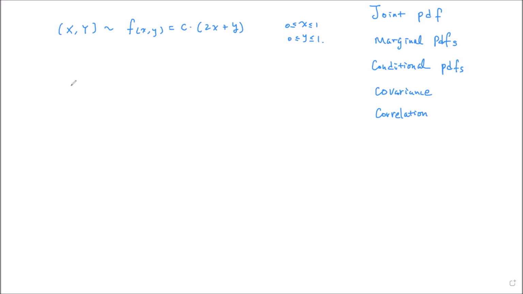So suppose we have two random variables. Say they have a joint PDF.